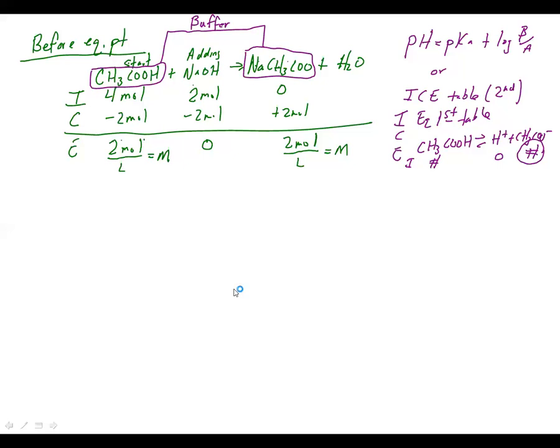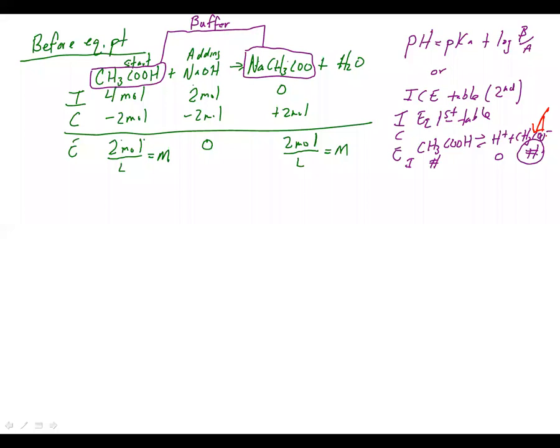Or secondly, like I was talking about before we got cut off there, if you chose to do an ICE table instead of the Henderson-Hasselbalch, then the important part is, like we were talking about with buffers, you want to make sure that you have an actual number right here for the starting amount of the second species. So usually people will leave that as 0. And again, at that point, you're not doing a buffer problem. You would be doing just a weak acid problem.